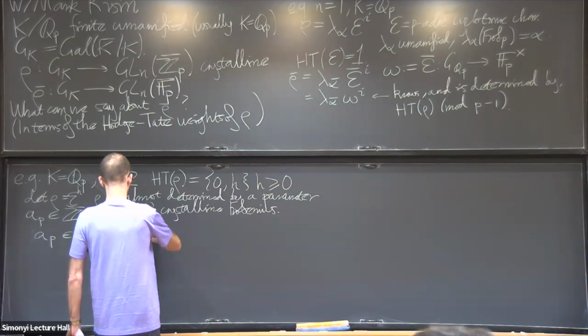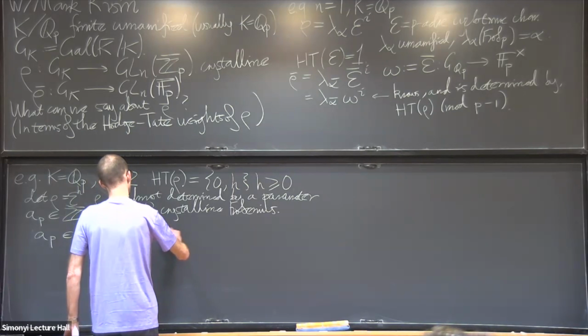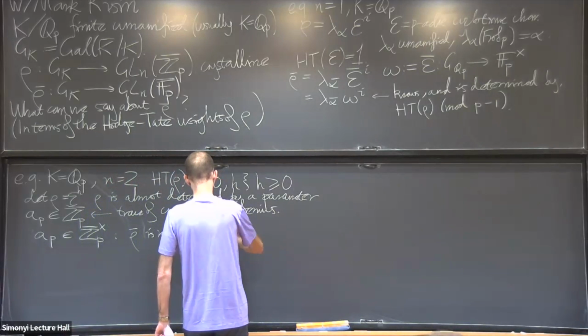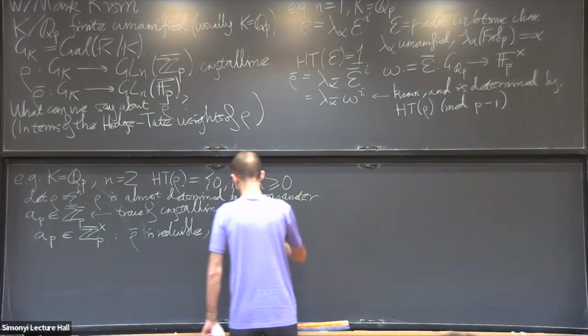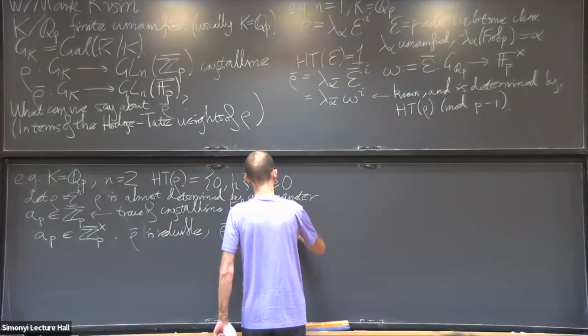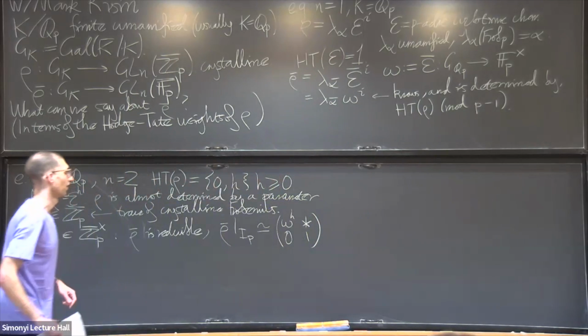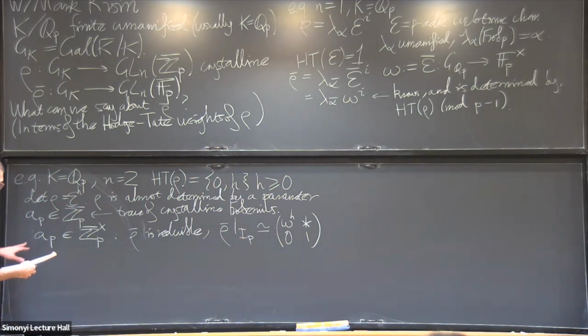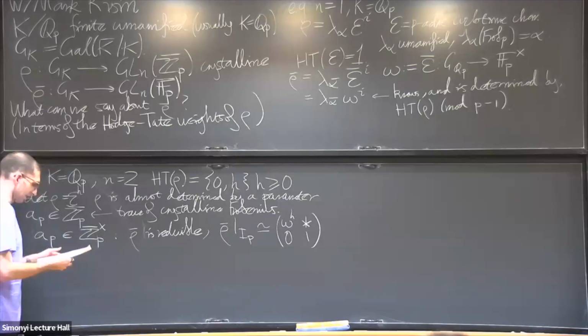So rho bar is reducible, and I could tell you what it is exactly, but let me ignore the unramified part and just say that the restriction to the inertia group is an extension of the trivial character by the mod p cyclotomic character to the power h. This is for modular forms due to Deligne and due to some combination of Fontaine and Serre, perhaps in this abstract setting. I'm not quite sure exactly what the history is.